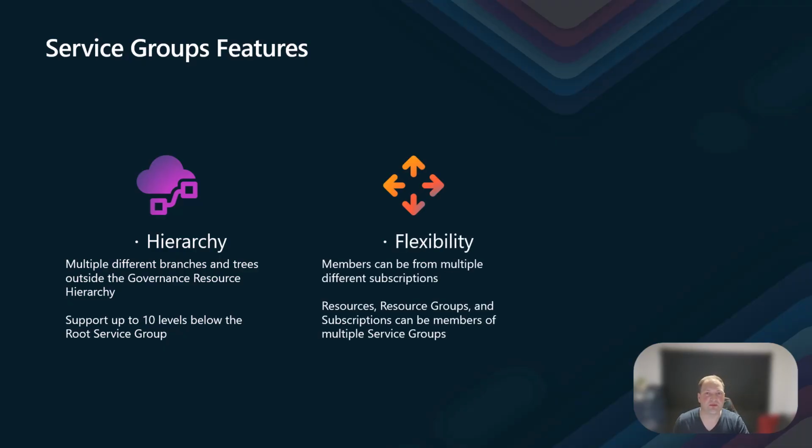Then we have flexibility. You're not limited by Azure deployment boundaries, so membership can span multiple subscriptions, resource groups, or even individual resources, with the same resource able to appear in multiple service groups as well for different views or aggregation needs.